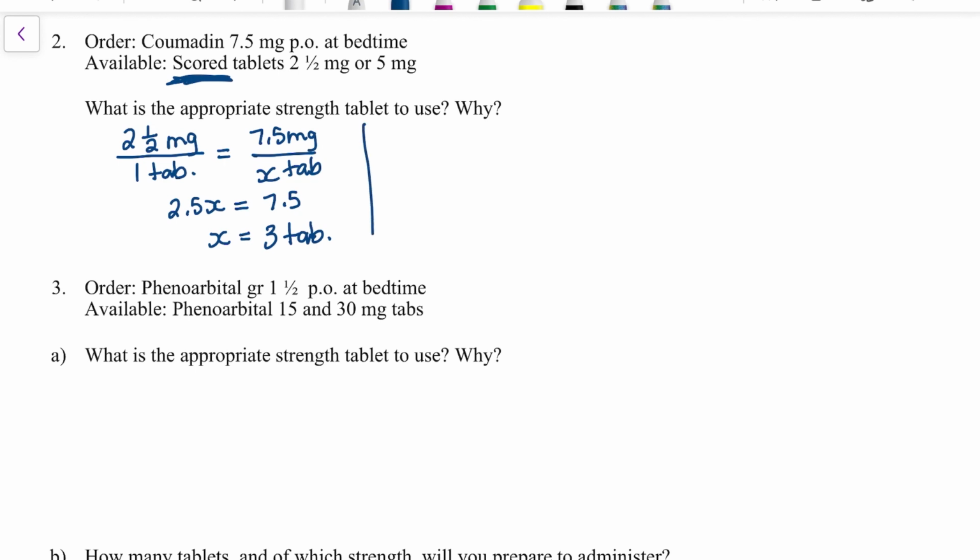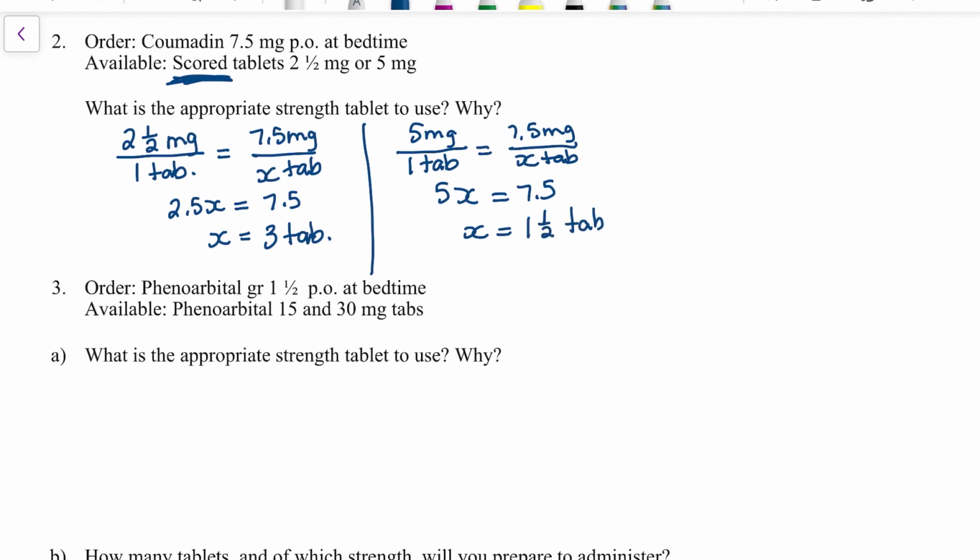If I use the 5 milligram tablet, I cross multiply, and I get 1.5 tablets.